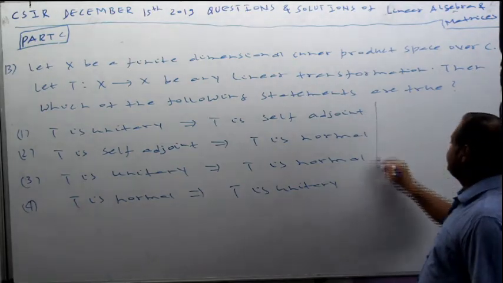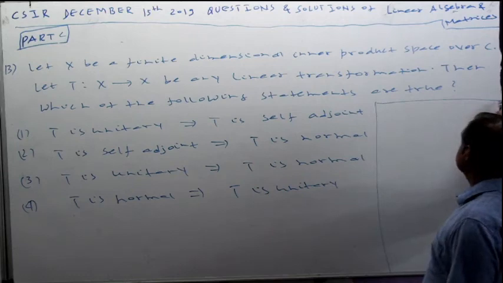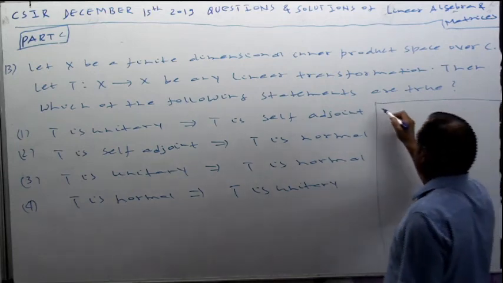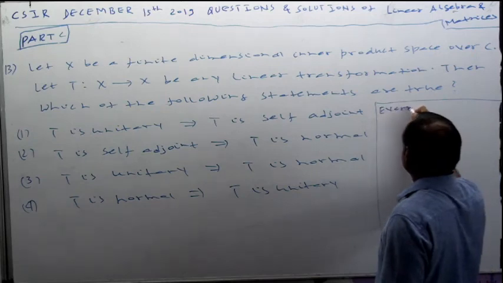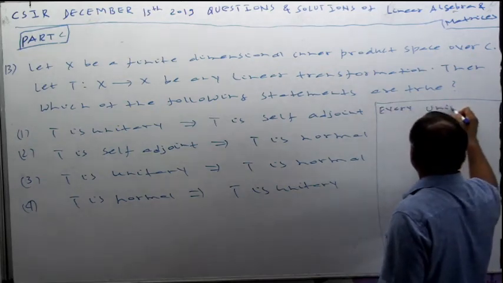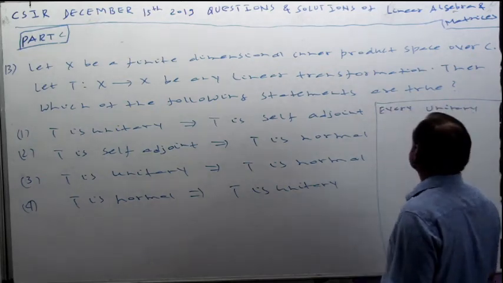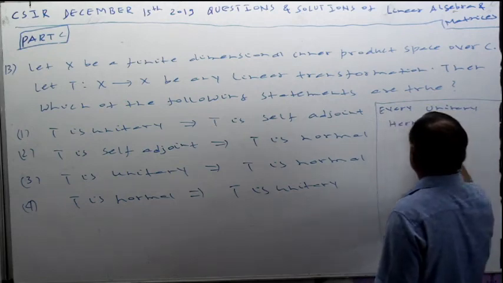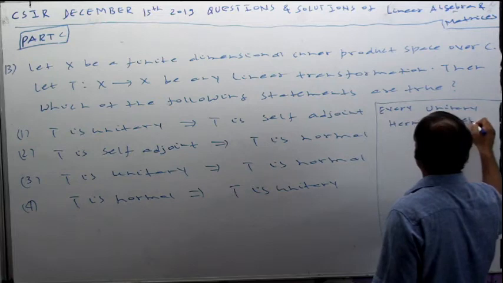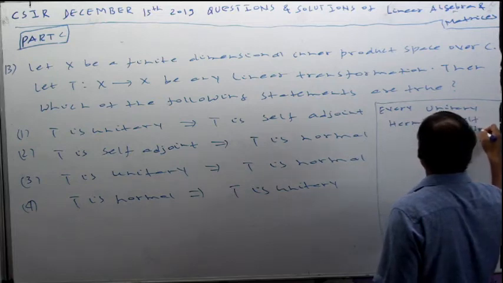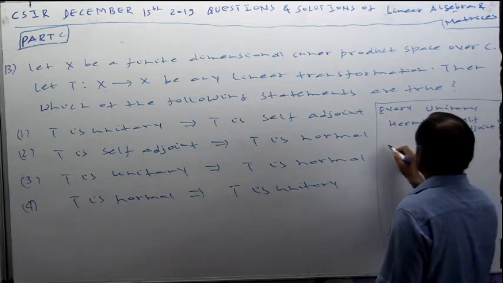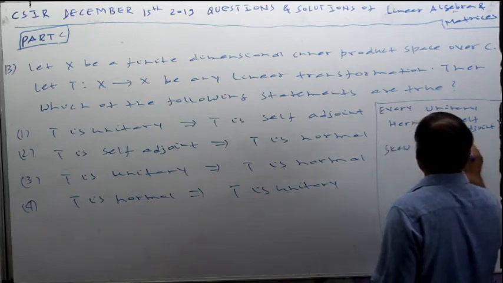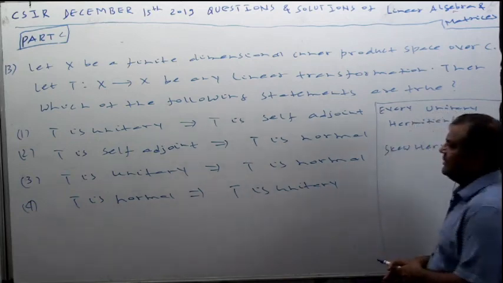Now see, you have already studied about normal matrices. Every unitary matrix, Hermitian matrix, Hermitian is also known as self-adjoint matrix, is normal. Already told about these things.